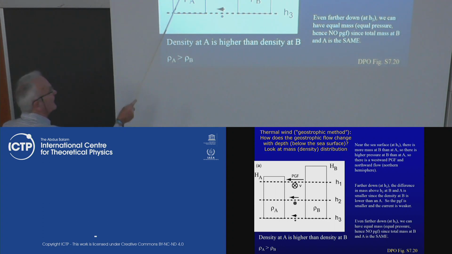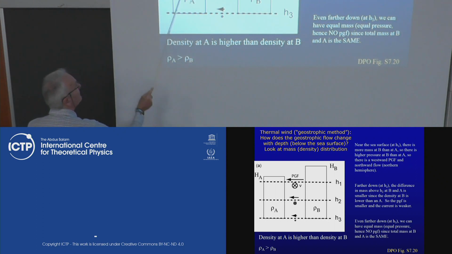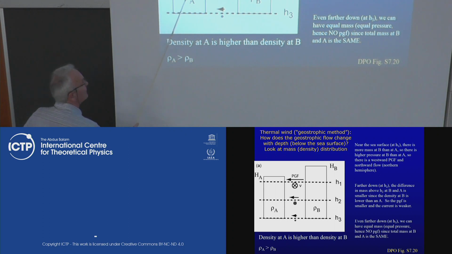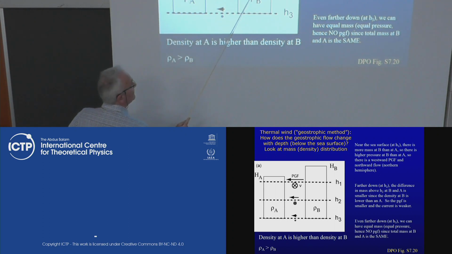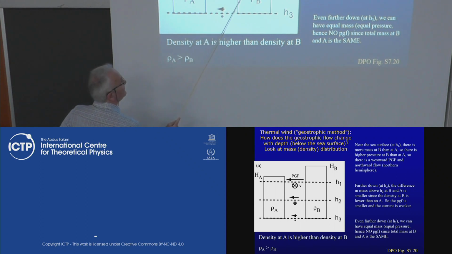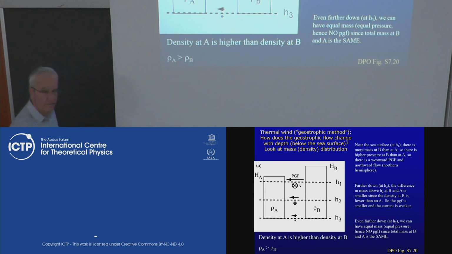If you go further down, the pressure is simply the weight of the water column from this depth up to here, and we have to compare it to the weight of the water column here. The difference between the two pressures diminishes because the influence of the sea surface height is weaker.